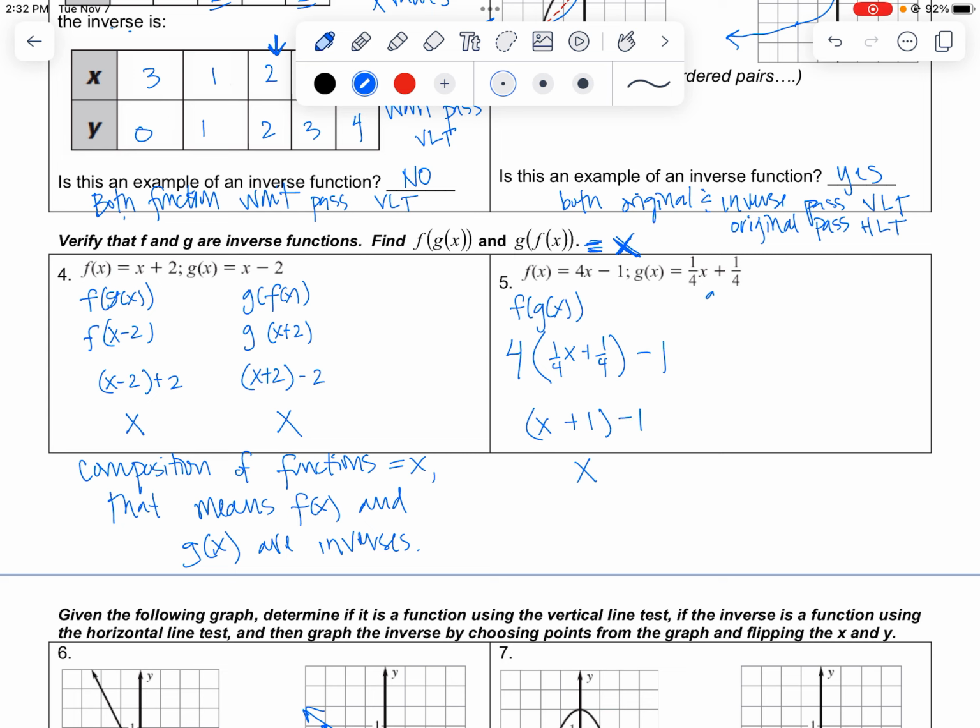Now if we do this the other way and take g of f of x, I'm going to write the f of x function everywhere I see x in the g of x function. So I'm going to distribute the 1/4 and get x minus 1/4 plus 1/4, and that equals x. Therefore, f of x and g of x are inverses of each other.